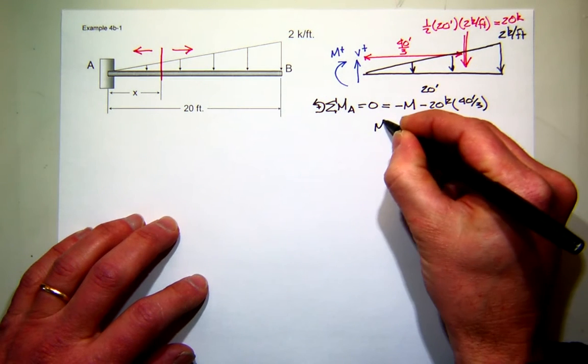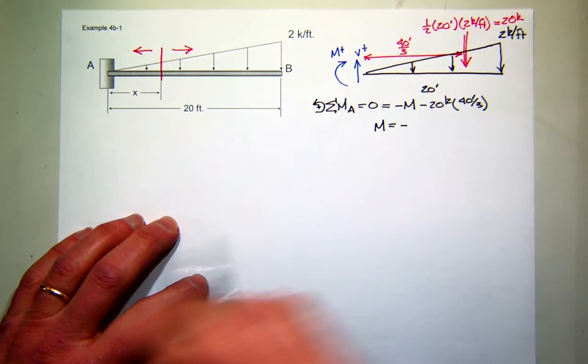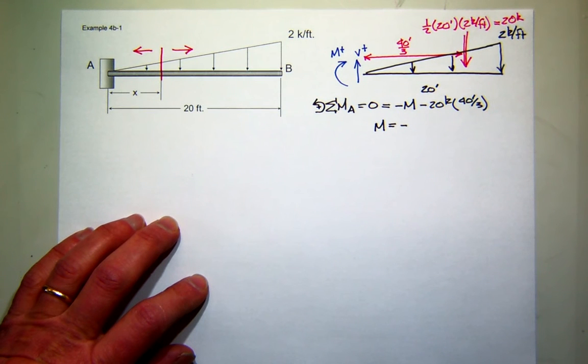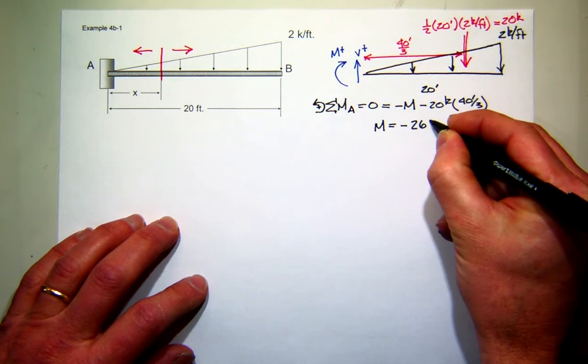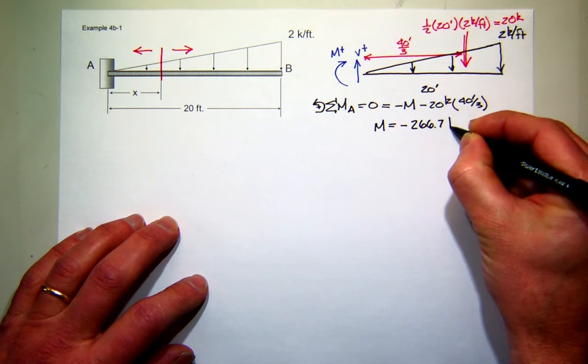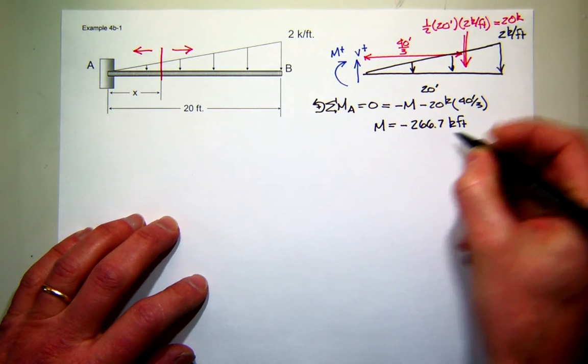So it looks like my moment is negative, and I don't know what that is. Somebody help me with that. 800 divided by 3 is 266.7. And that would be kip feet.